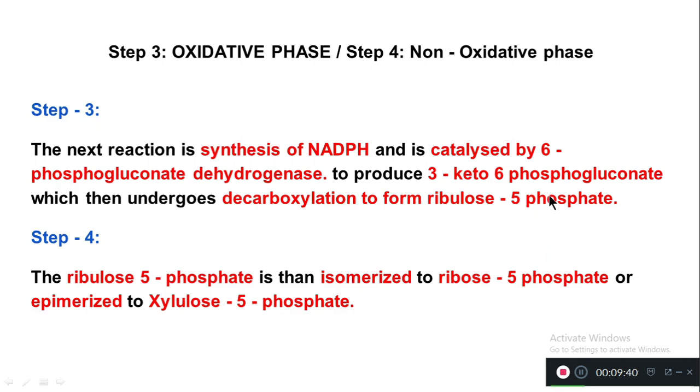Ribulose 5-phosphate undergoing isomerization in step 4 forms ribose 5-phosphate, or it undergoes epimerization to form xylulose 5-phosphate. In step 4, if ribulose 5-phosphate undergoes isomerization, it forms ribose 5-phosphate. If it undergoes epimerization, it forms xylulose 5-phosphate.